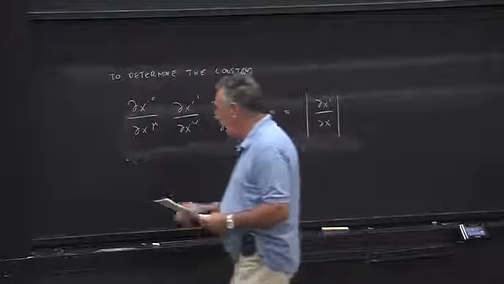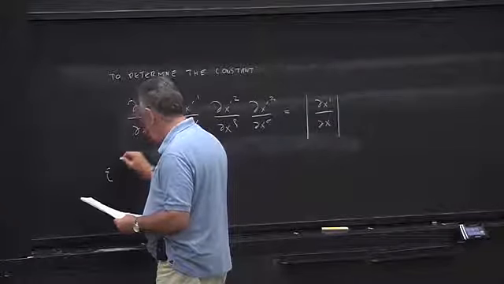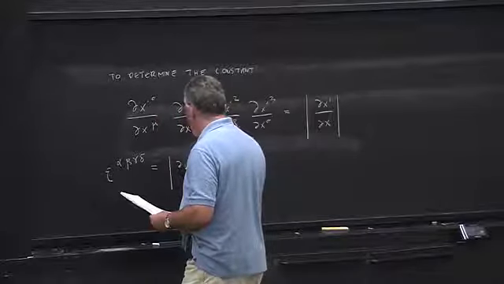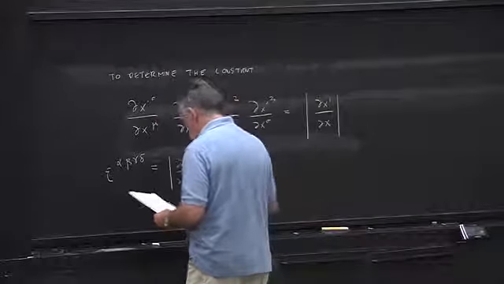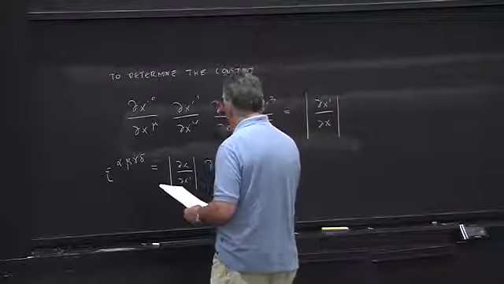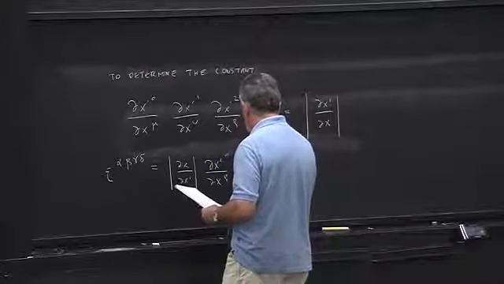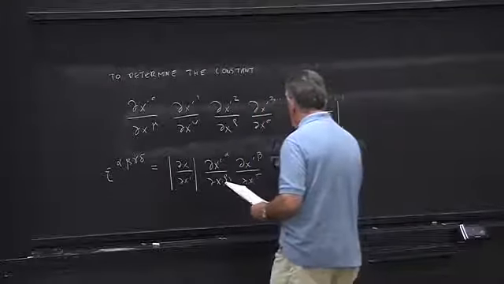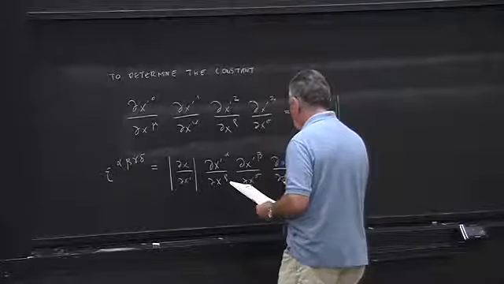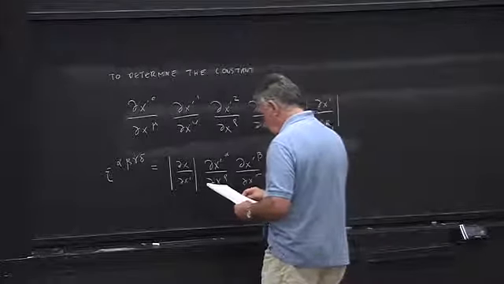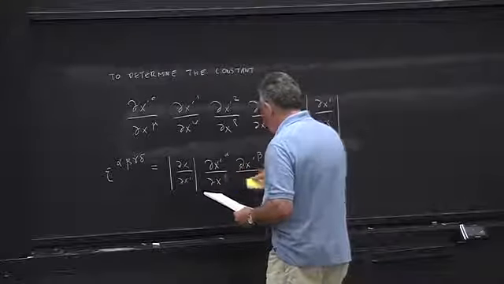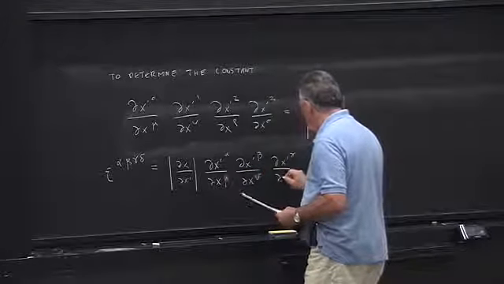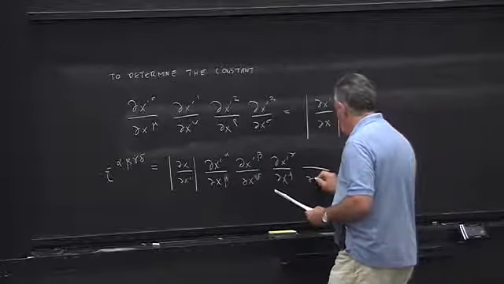From which we conclude that epsilon alpha beta gamma delta is the determinant of dx prime by dx times dx prime alpha by dx mu, dx prime beta by dx nu, dx prime gamma by dx rho, dx prime delta by dx sigma, times epsilon mu nu rho sigma.